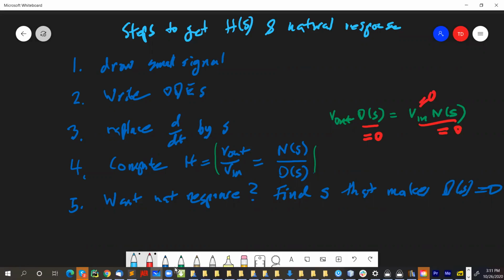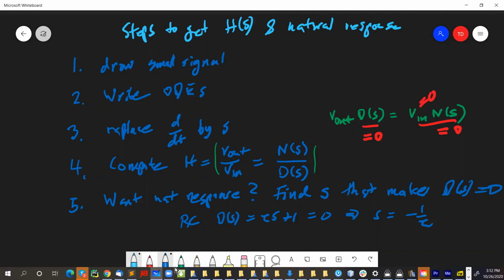So let's do that for the very simple case of the RC low-pass filter to show the natural response. For the RC low-pass filter, D of S is equal to tau s plus 1. Let's set that equal to 0. What is the s that makes that true? S equals minus 1 over tau.